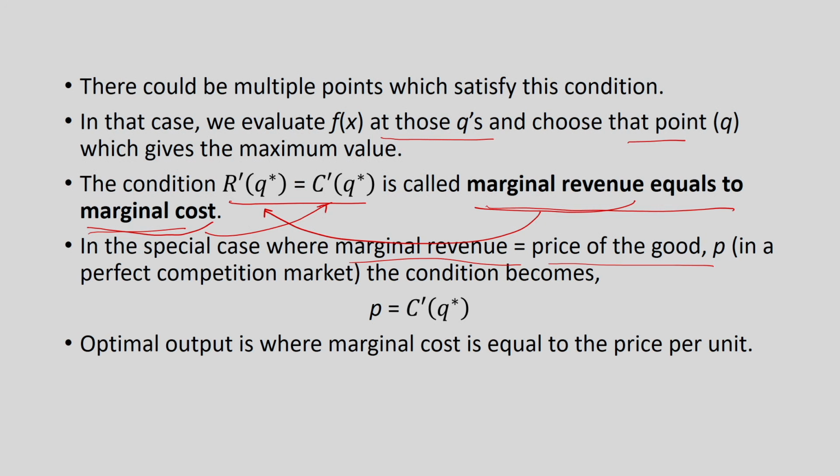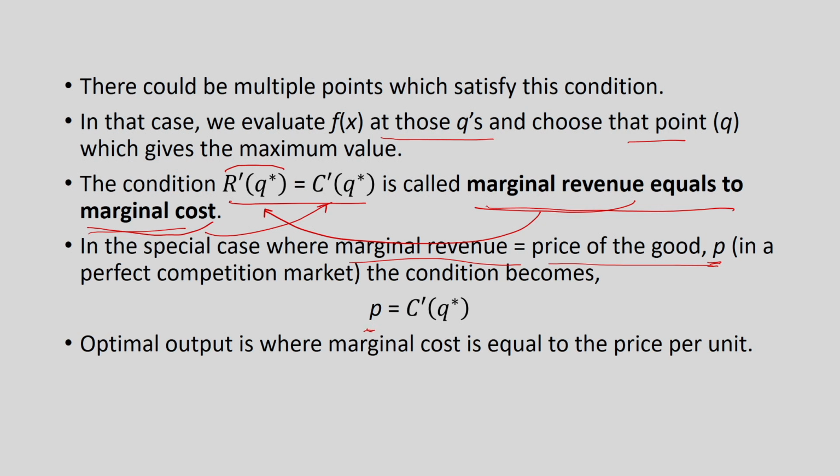So, here the marginal revenue will be constant, it is given by the price of the good, let us suppose small p. Now, in this special case of perfect competition, we can replace this marginal revenue by the simple small p, which is a constant amount.